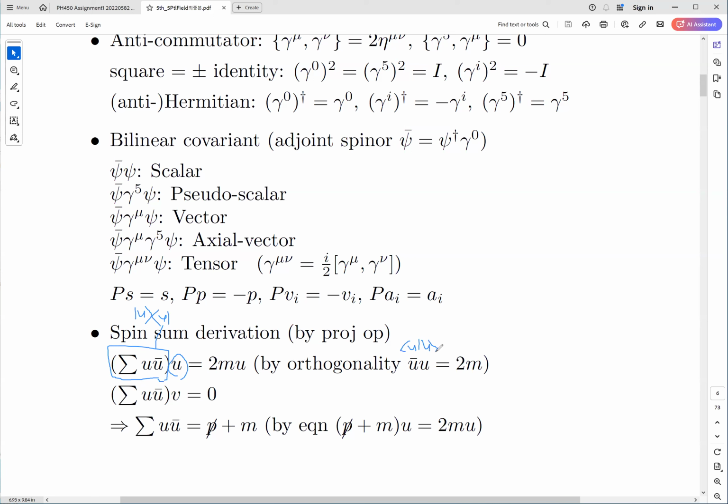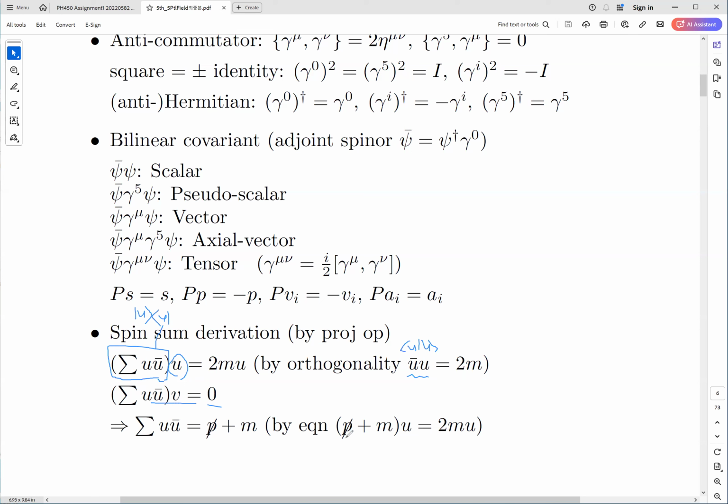And by using the normalization, u bar u becomes 2m. I just ignore some of the detailed indices here. So this gives 2m. If this projection is applied to the antiparticle, by the orthogonality, this yields zero.